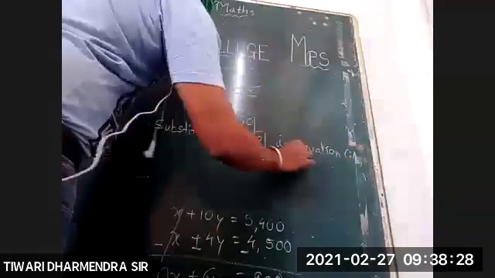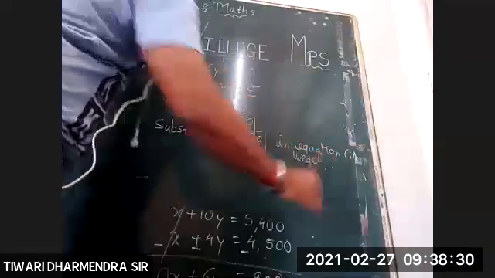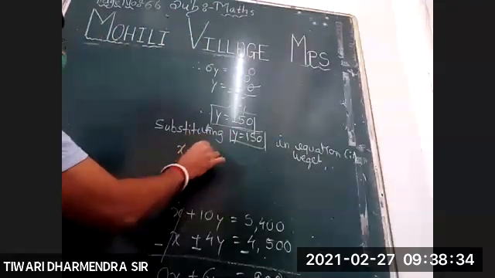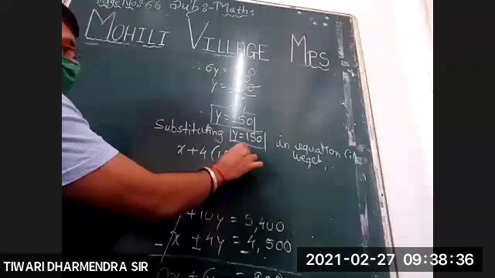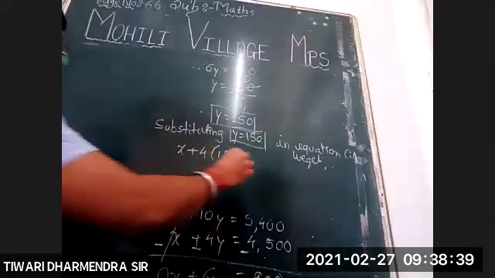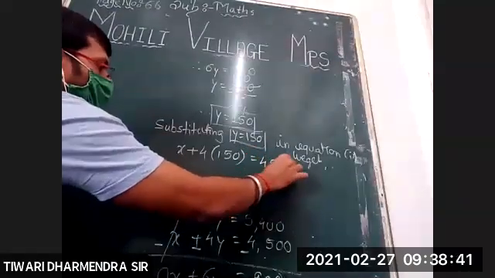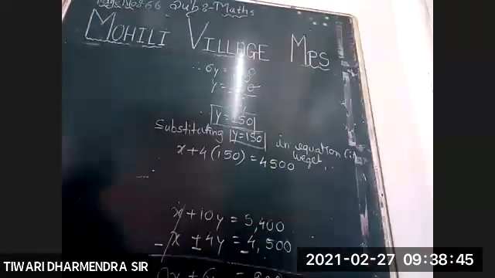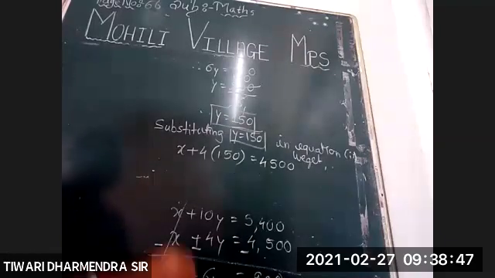Equation 1 was X plus 4 into the value of Y, 150, is equal to 4,500. You can select any of the equations, you will get the same answer, so no need to worry.